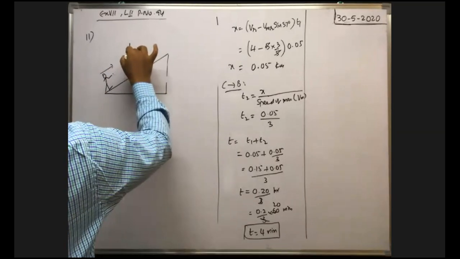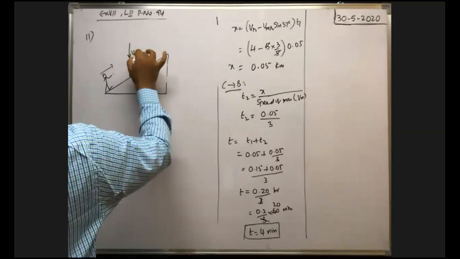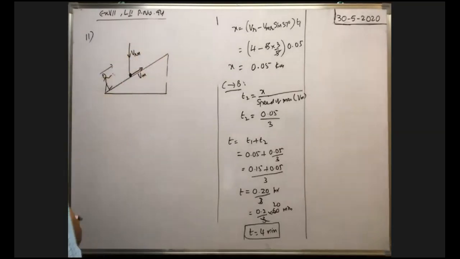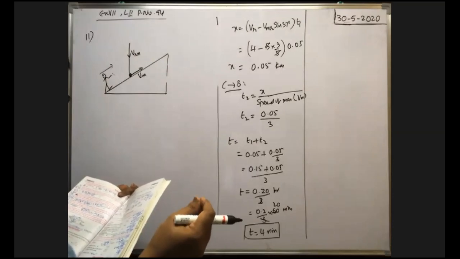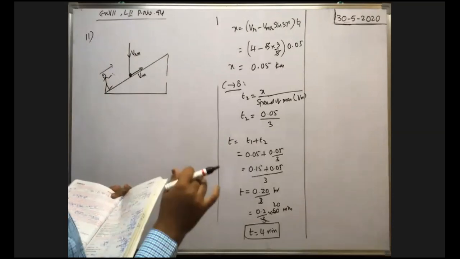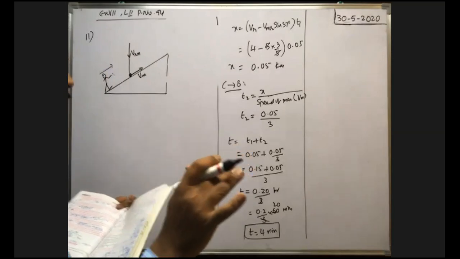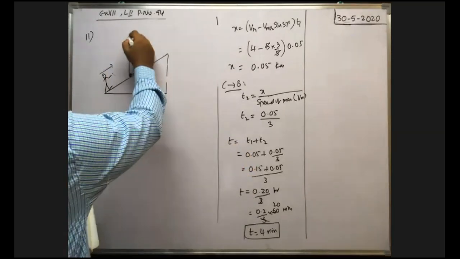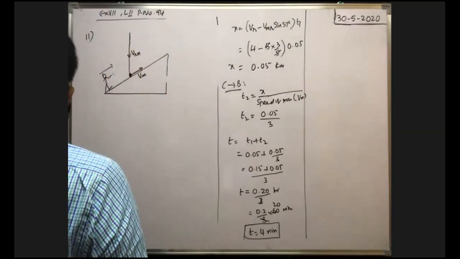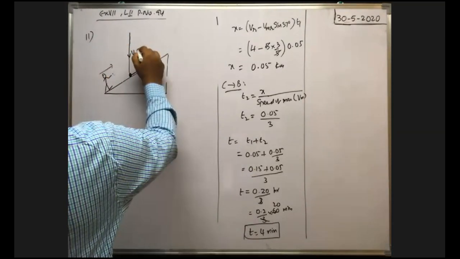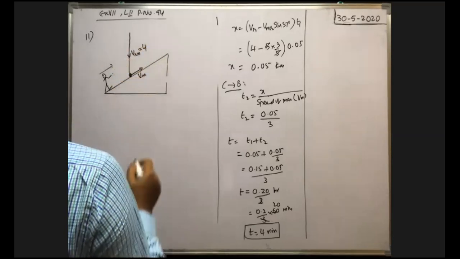So it is the velocity of the rain with respect to man that is vertically downwards. Appears to fall means that is the relative velocity of rain with respect to man, vertically downwards, with a speed 4 meter per second. That means the relative velocity of rain with respect to man is given as 4 meter per second.